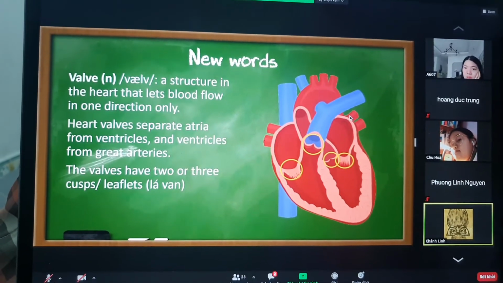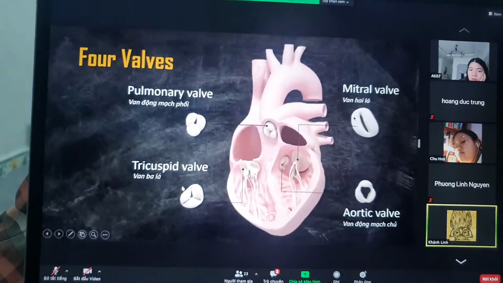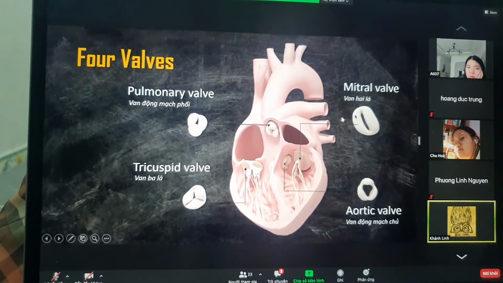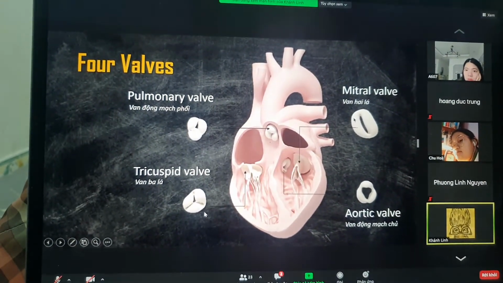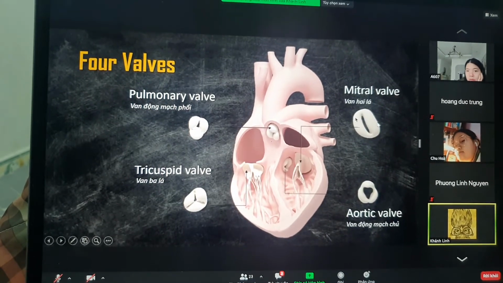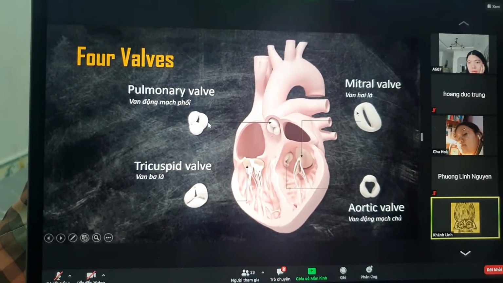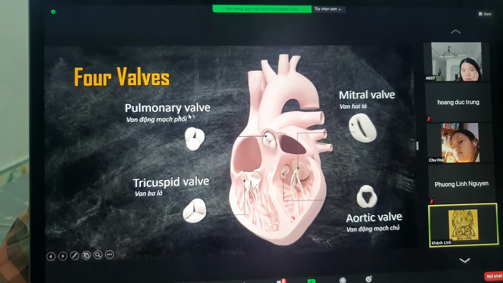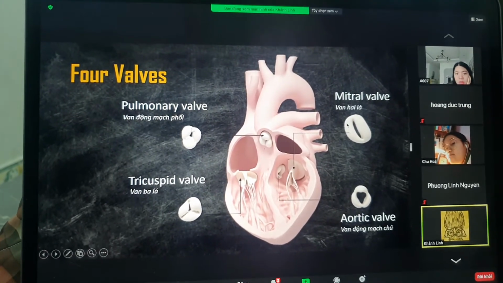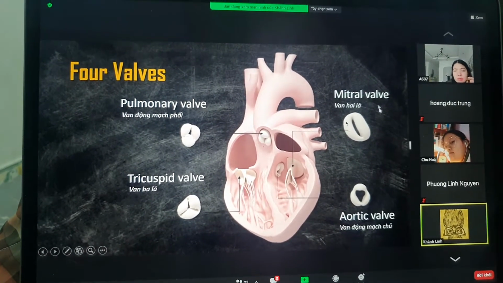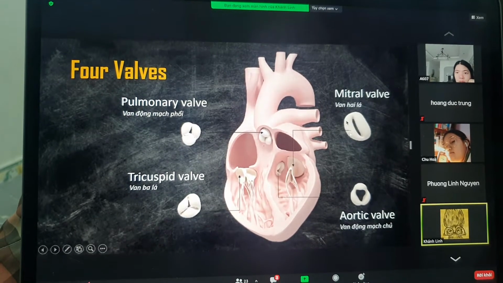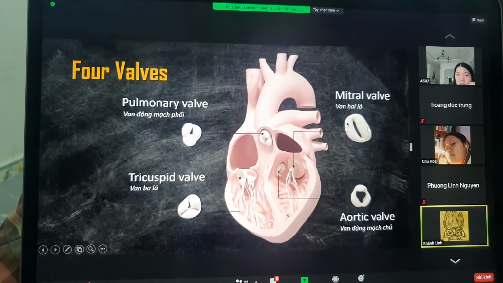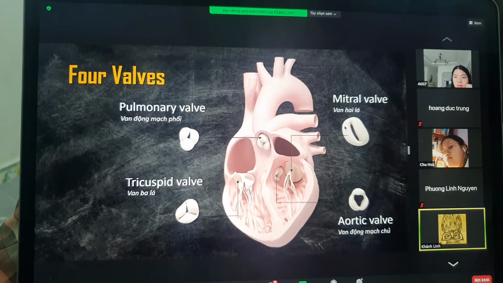In Vietnamese, it's called lá van. In this slide, you can see very clearly how many leaflets each valve has. Pulmonary valves have 3 leaflets. Mitral valves have only 2 leaflets. You can take this photo.